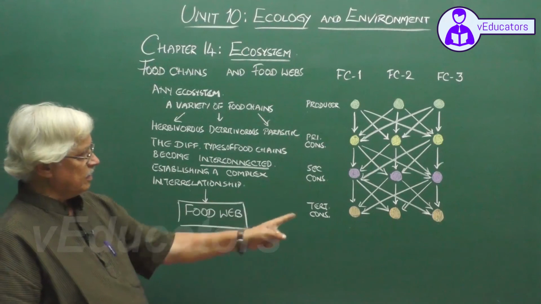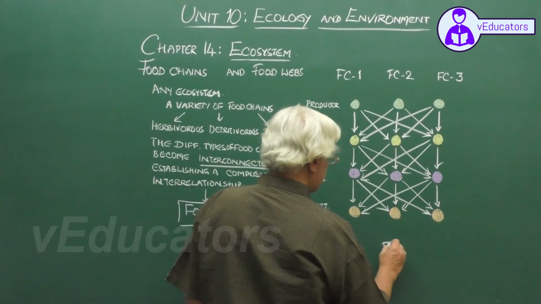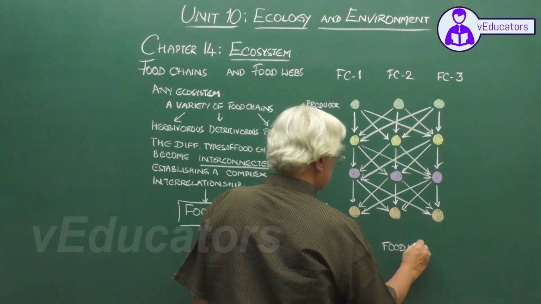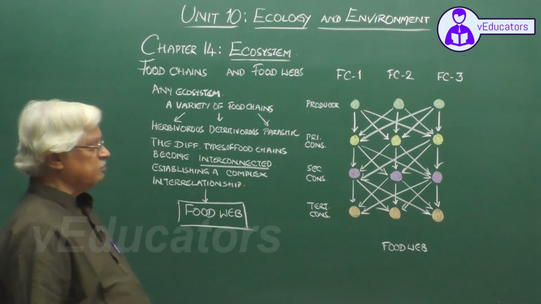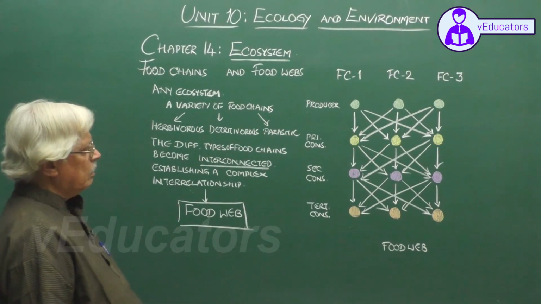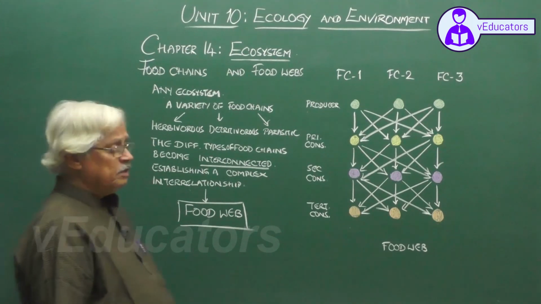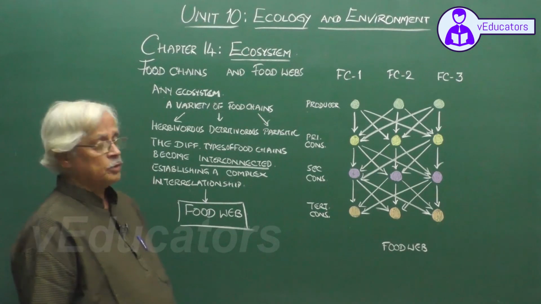This kind of interrelationship that is established is known as a food web. Now, we started with 3 food chains. How many food chains are there? You may start counting.